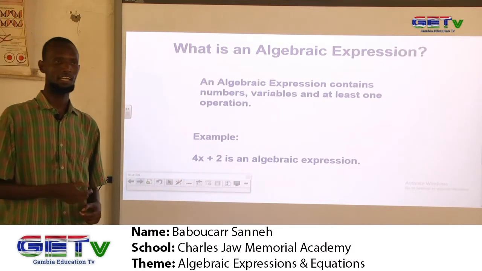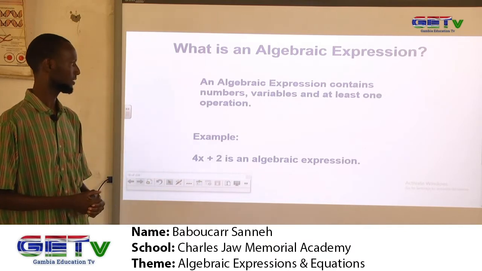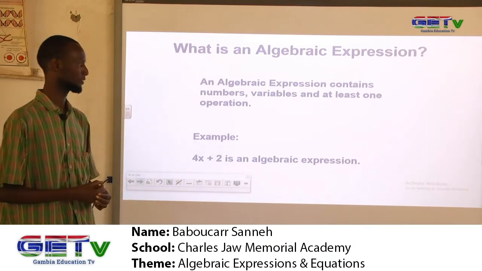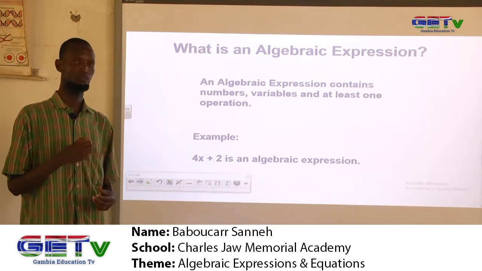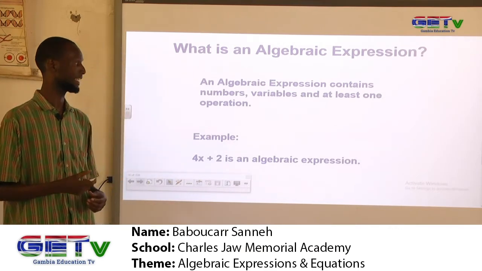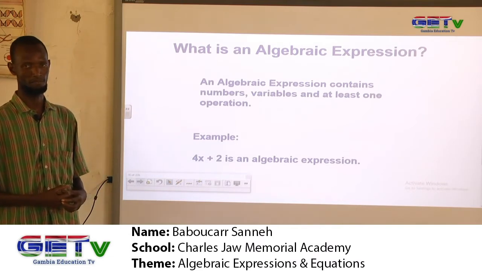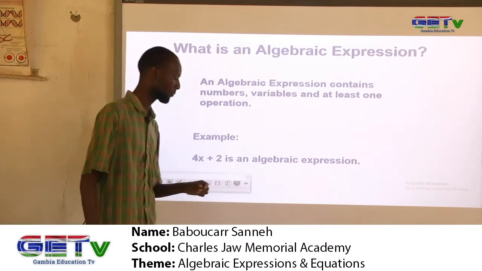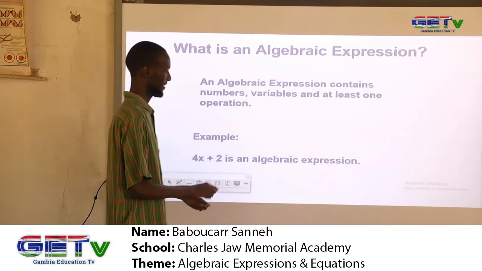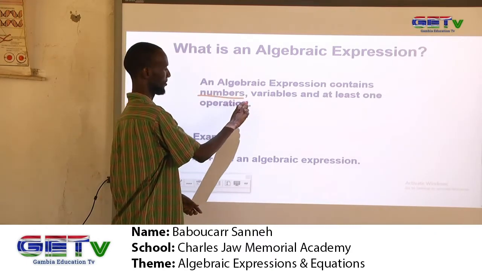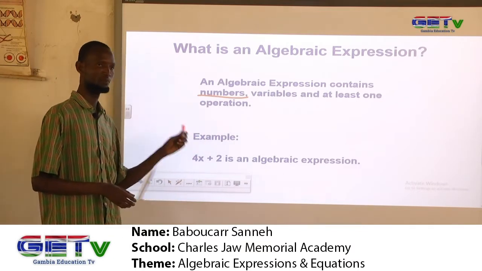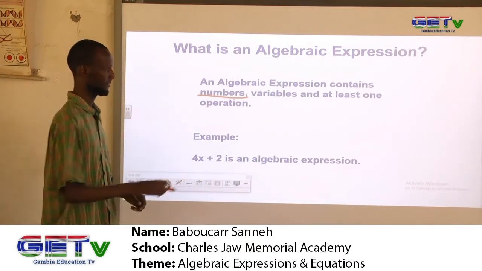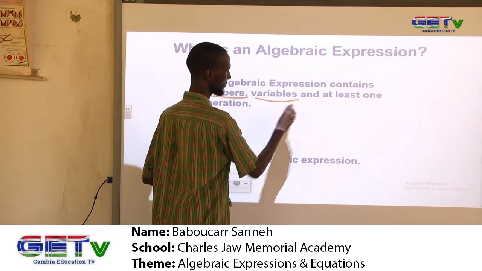What is an algebraic expression? An algebraic expression contains numbers, variables, and at least one operation. Now, 3 key components there. You have numbers, so an algebraic expression must contain numbers. It must contain variables.